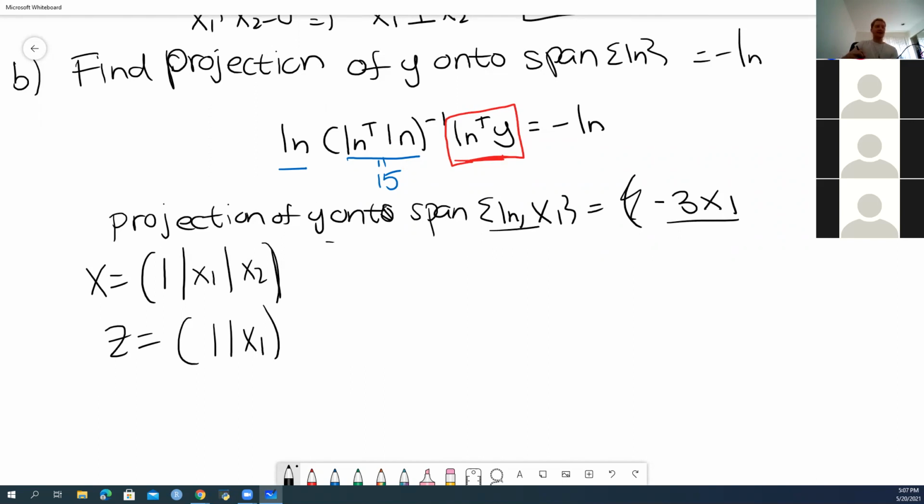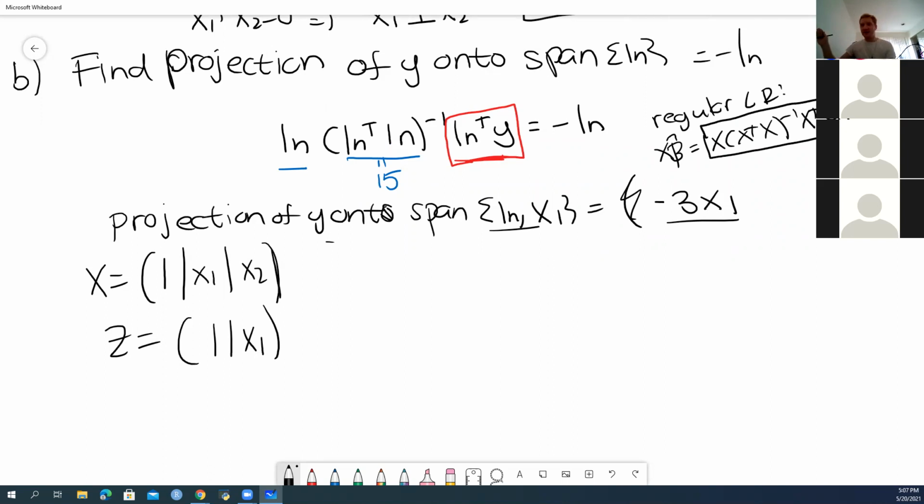Remember that for regular linear regression we go through this exact same process. We find the projection of y onto the span of x, and it is equal to x beta hat, which is x times x transpose x inverse times x transpose y.